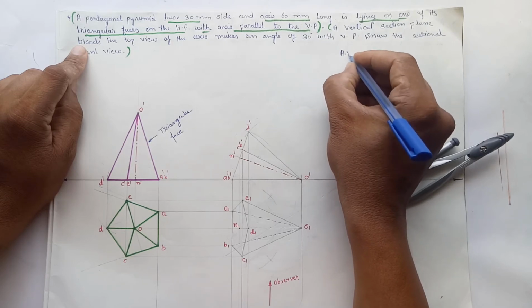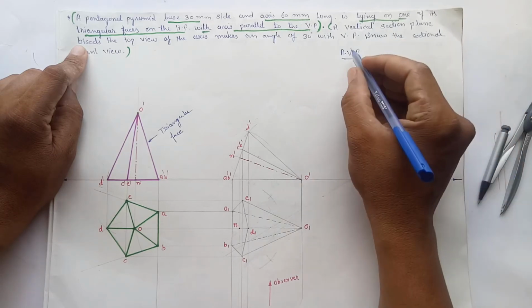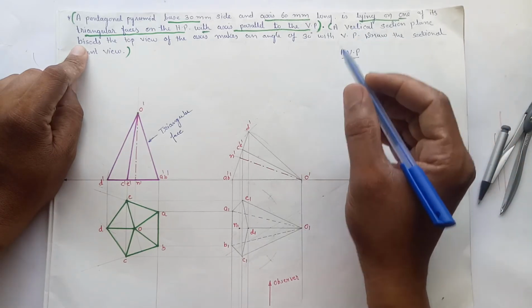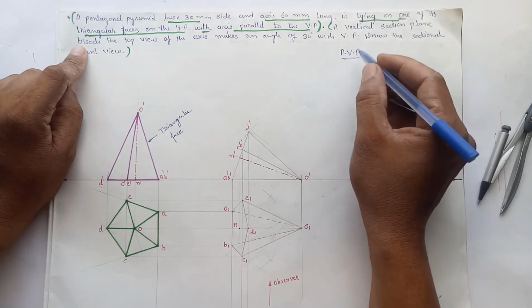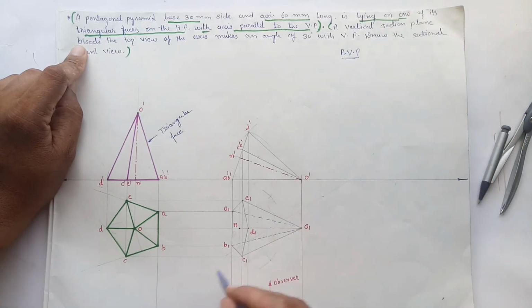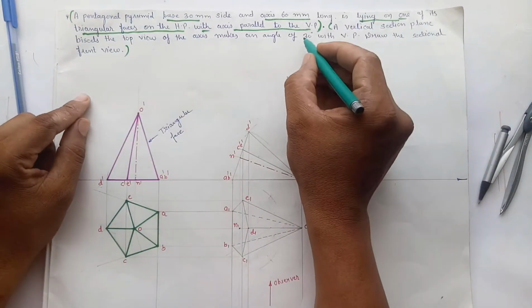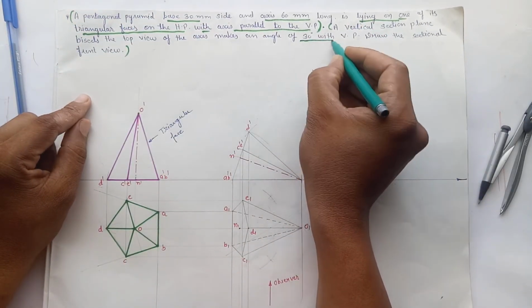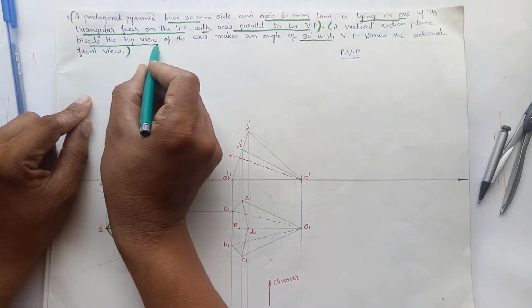That means the cutting plane is an AVP. So the cutting plane is an AVP, and it bisects the top view of the axis. So we have to show the cutting plane in the plan, at an angle of 30 degrees.